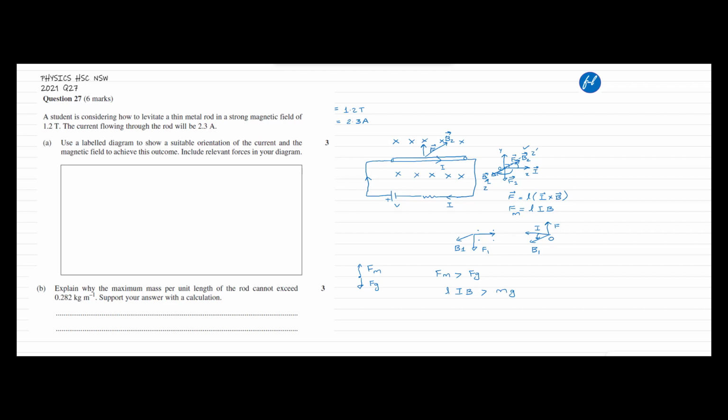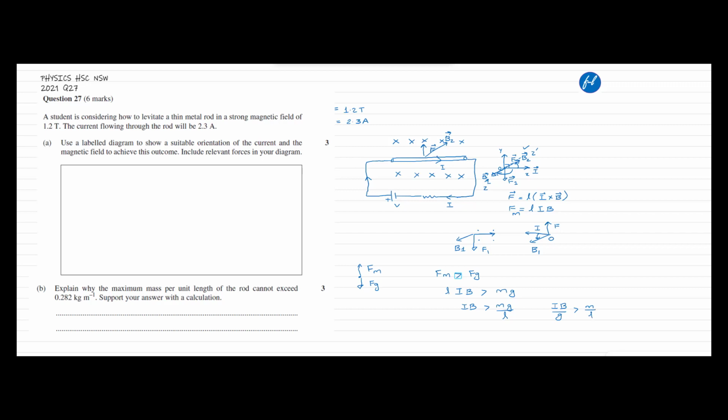And the question says mass per unit length. So if I divide both the sides by length, it will be I B, and if I divide both the sides by G, that will be I B upon G should be greater than mass per unit length.